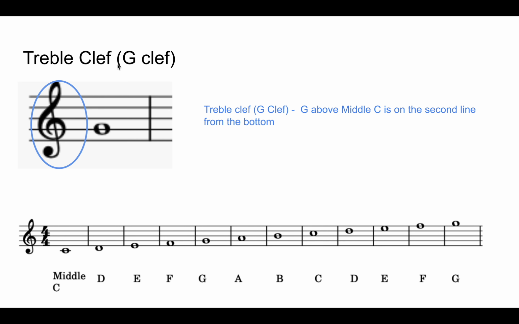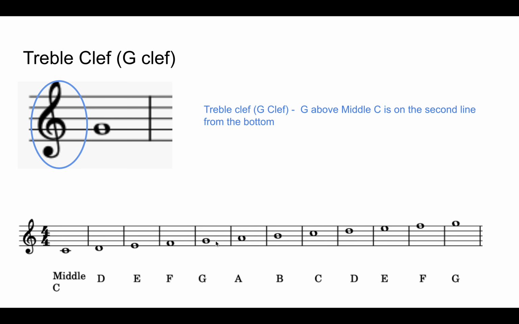What this clef does is it says that the G above middle C is on the 2nd line from the bottom. So that G there is the G above middle C. And if that line is G, then the note above it must be A, the line above that must be B, the note in the space above that must be C, and so on and so forth.